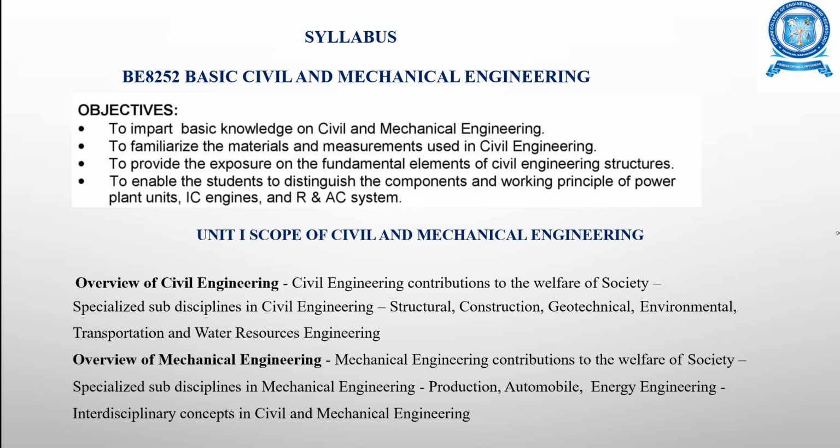And coming to the overview of mechanical engineering, the students will be studying about the mechanical engineering contributions to the welfare of the society and the specialized subdisciplines in mechanical engineering like production, automobile, energy engineering, and interdisciplinary concepts in civil and mechanical engineering.